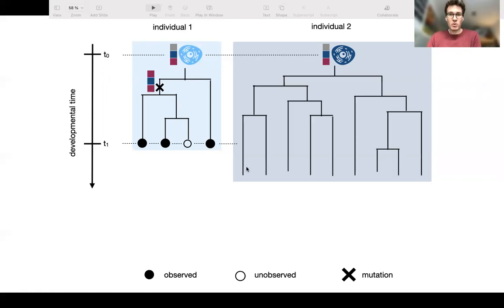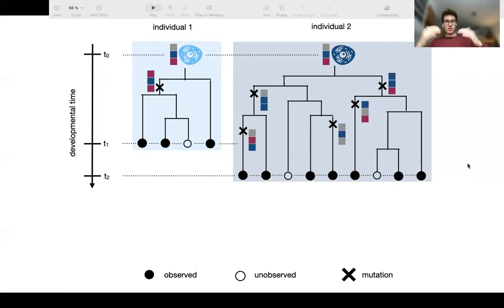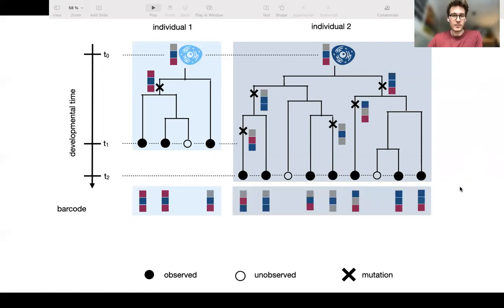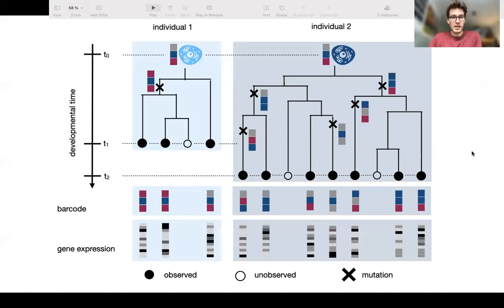Now for individual 2, I also start with a barcoded cell. I wait a bit longer, I accumulate more mutations. And in the end, at time point T2, which is later than T1, I also sequence some cells and other cells I don't sequence. So what I get from this as a readout basically is barcodes for both individuals, as well as gene expression.